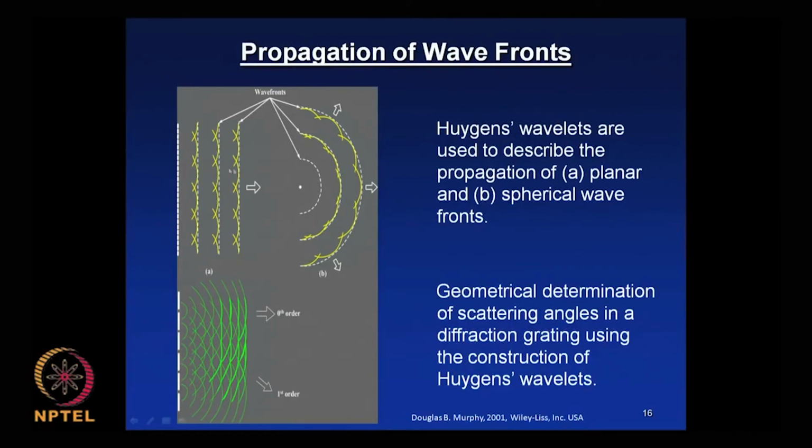You can see the schematic where the wavelets are propagating like this, and then schematic B describes the geometrical determination of scattering angles in a diffraction grating using the construction of Huygens wavelets. This is how the interference is taking place, and then you have the 0 order and the first order. This is how wave propagation is described in optics.